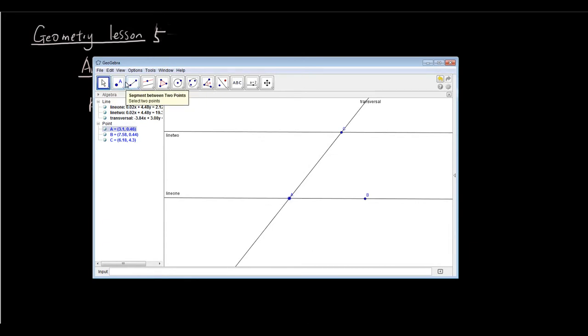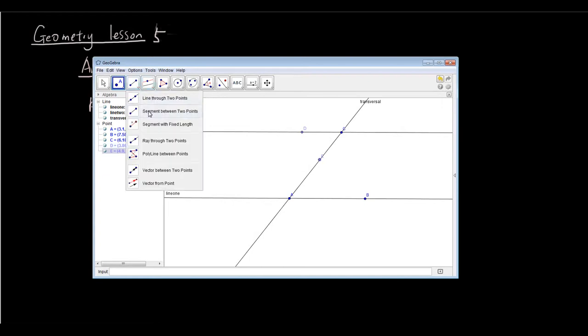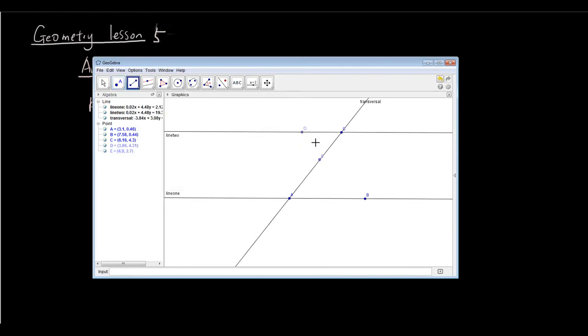We're going to create two new points, another point on line 2 and another point on the transversal, and then use the segment between 2 points tool to join point C with point D, as well as point C and point E.